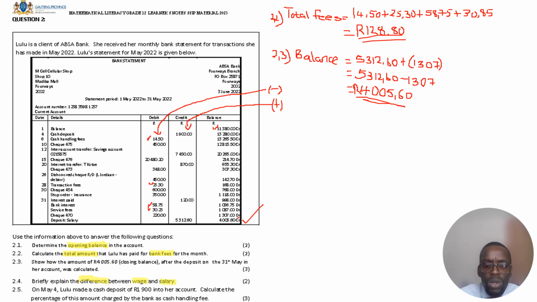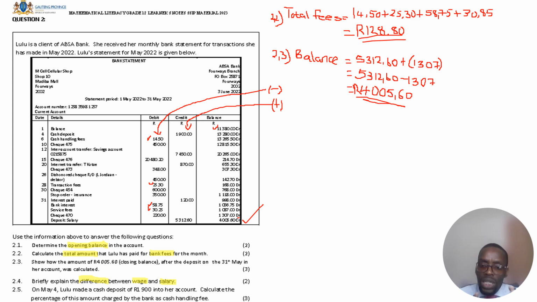What you need to understand is a wage is a payment one receives on a weekly basis for work that they would have done, whilst a salary is a payment that one receives on a monthly basis for work that they would have done.